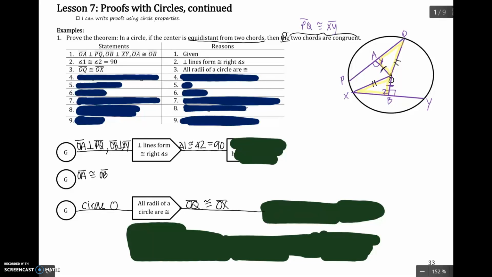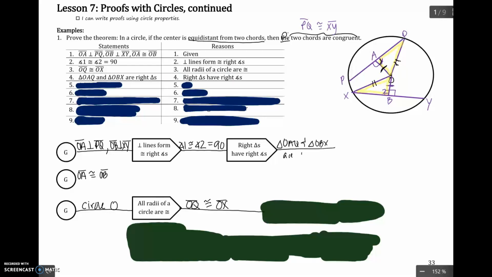Now if you look at my pictures, I have the OA and OB from the given. Now I have my right angles and I have OQ and OX. I have ASS, but remember that if it's ASS, I can really change it into HL with right triangles. So what I'll do is I'll add in that step that right triangles have right angles in order to show that triangle OAQ and OBX are right triangles.